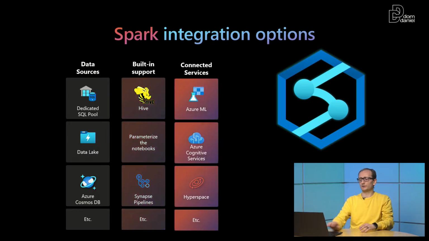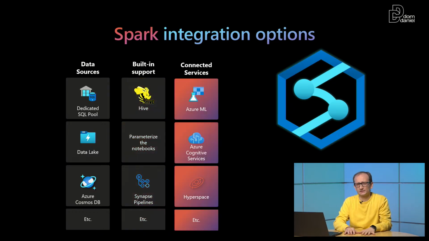Next, we have connected services. As I mentioned, you can connect your Spark pool with Azure Machine Learning and with the now widely used Cognitive Services in Azure. And here we have, in preview, the Hyperspace feature from Microsoft, which allows indexing your data in data lakes.